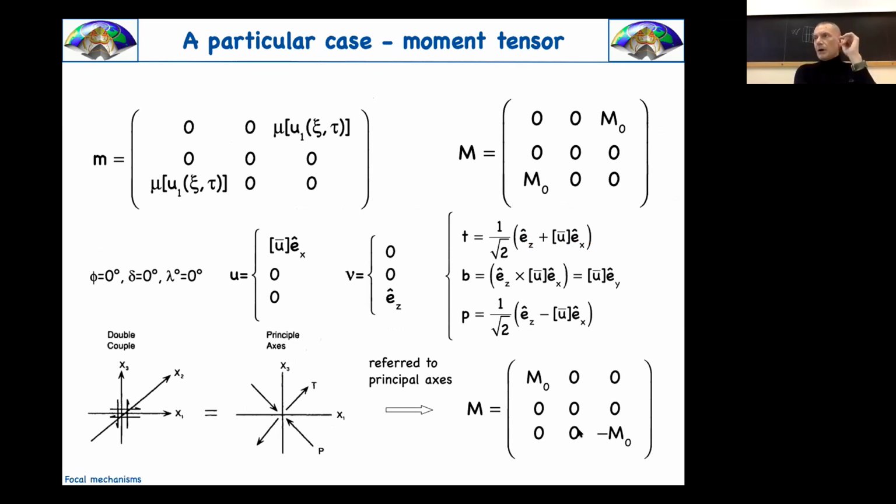The axes that are the principal axes represent tension, compression, null. And these are the 3 different representations: slip on a fault, principal axis, moment tensor. Equivalent body force, principal axis.